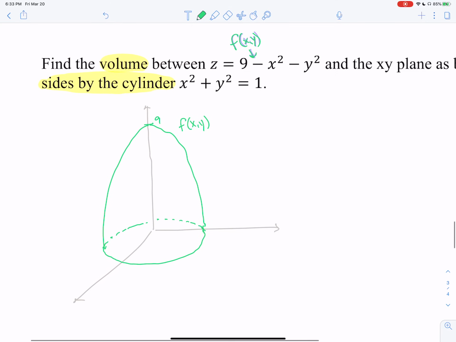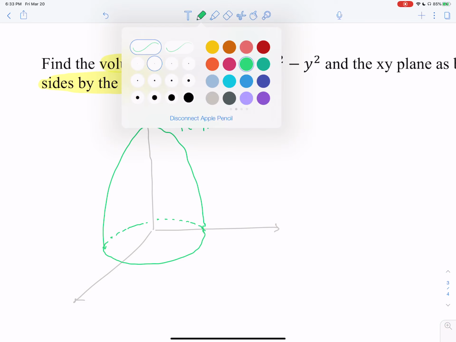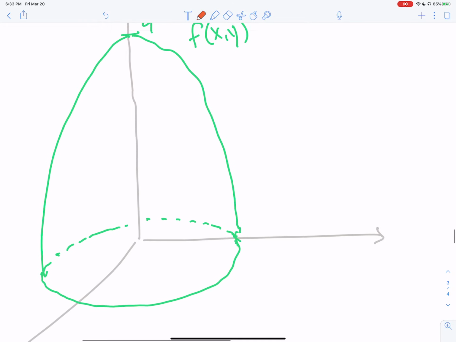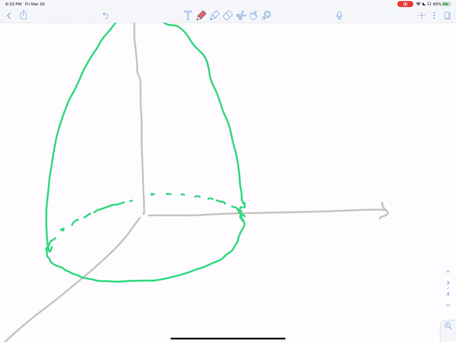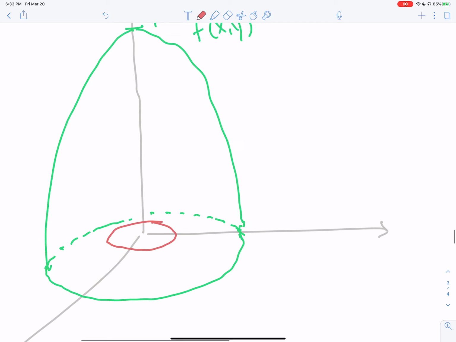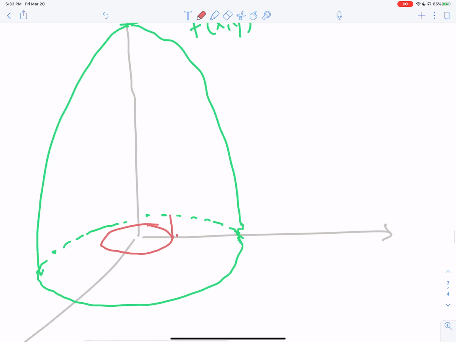And then we said bounded on the sides by the cylinder x squared plus y squared equals 1. So that's just a cylinder of radius 1 centered at the origin. So let's draw it here. What goes good with mint? Let's do salmon. So that's going to be a cylinder here, extending upwards from the xy plane.